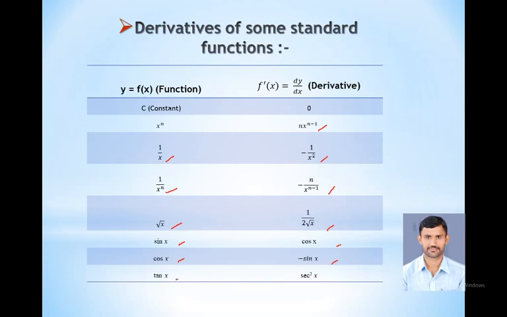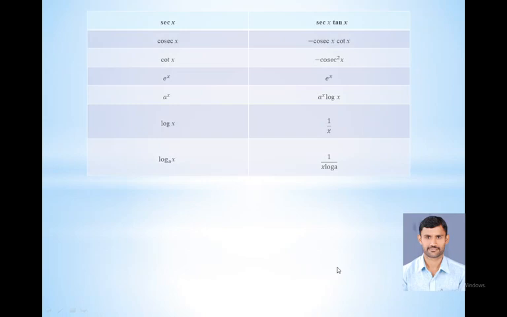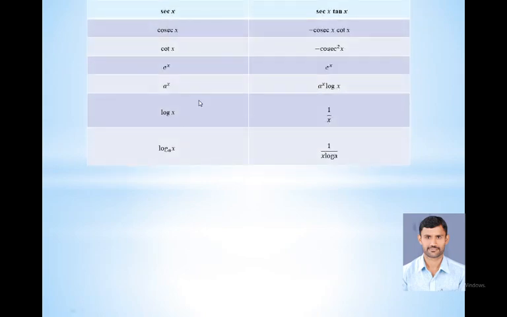If function is tan x then its derivative is sec square x. Now second, if function is sec x, then its derivative is sec x into tan x. If function is cosec x, then its derivative is minus cosec x into cot x. If function is cot x, then its derivative is minus cosec square x.